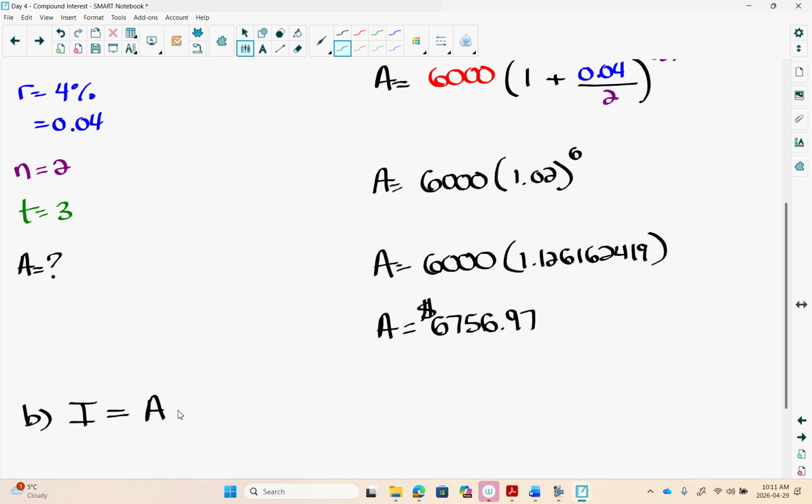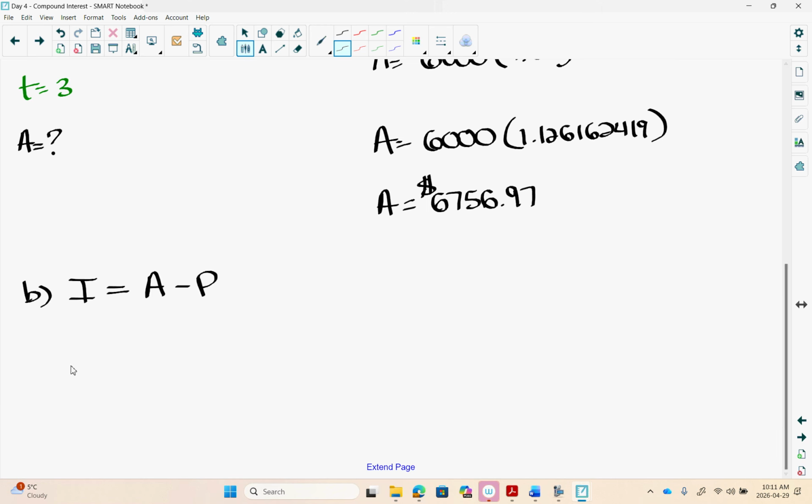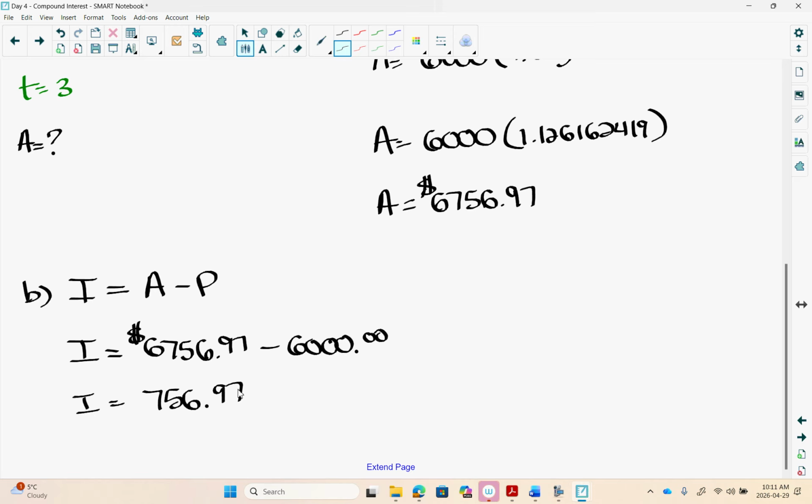I'm going to take the final amount and I'm going to subtract the principal. So the interest is $6,756.97 minus the principal, $6,000, and I get interest of $756.97, which is not a bad deal.